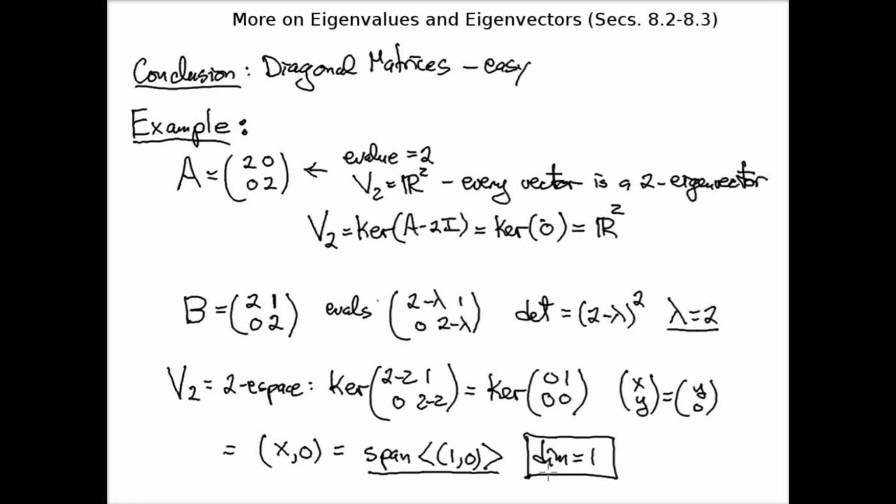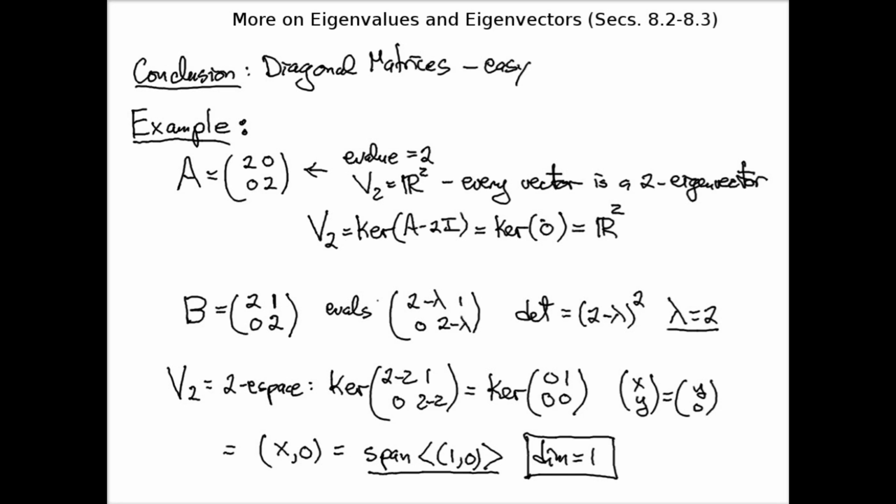If the matrix isn't diagonal, it's possible that the sum of the dimensions of the eigenspaces doesn't add up to n. If it was diagonal, it added up to n, but if it's not diagonal, it could be smaller.